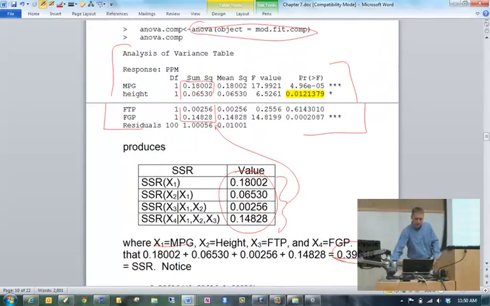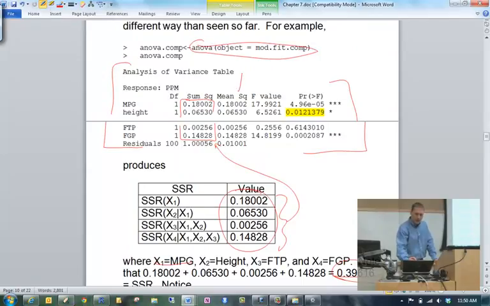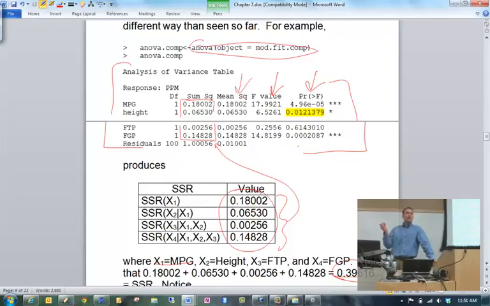Note that you also see some mean squares listed, an F test statistic value listed, and a p-value listed. So you might be thinking, okay, these are just doing the partial F tests, like what we had just discussed.